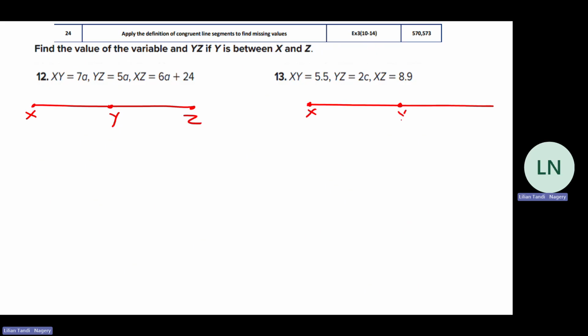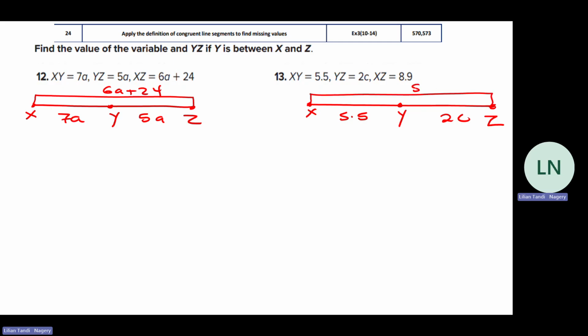X, Y, Z. XY is 7A, YZ is 5A. XZ is 6A plus 24. XY is what? 5.5. YZ is 2C. XZ is 8 9/10.